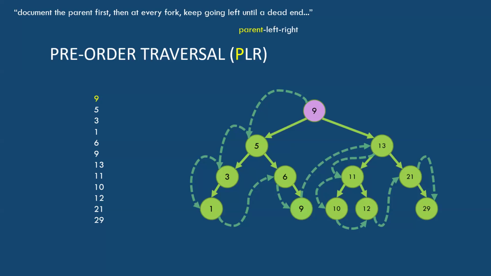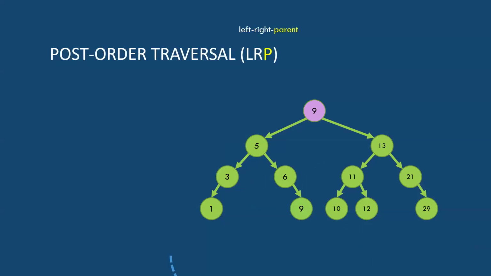Okay, and then the other ones here you can probably imagine, right? Post order says go down the left and right first, and then the parent. So there's no right child there, and the 3 doesn't have a right child, so we skip the R and go directly to the P. Now, next is to go right as far as we can go, right? And then do the P, or sorry, not the P, because we haven't gotten all the way left.